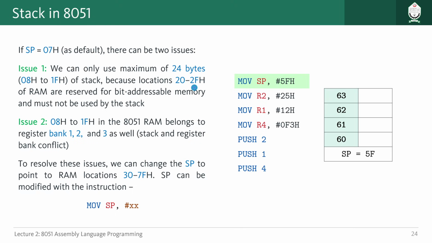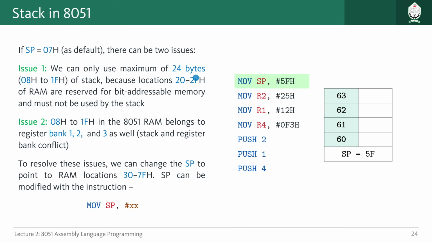So if you start from 08H, the maximum memory location you can go up to is 1FH, because afterwards 20 comes. So in total you can have 24 bytes or 24 pushes one by one. Afterwards you are going to go into the bit addressable memory, and that will cause some conflict, right? So that is one of the problems.